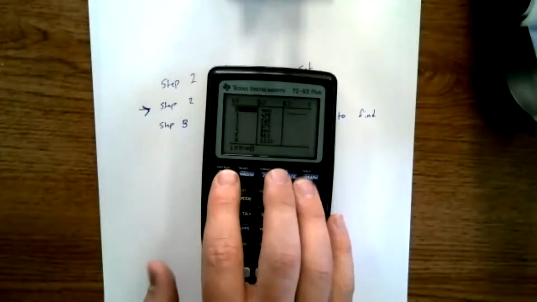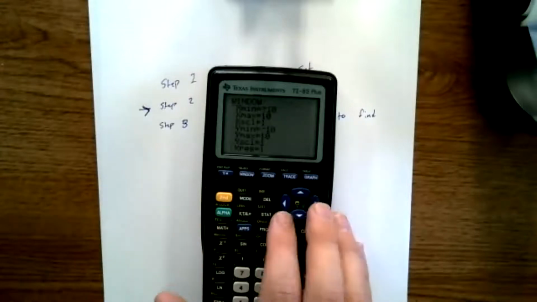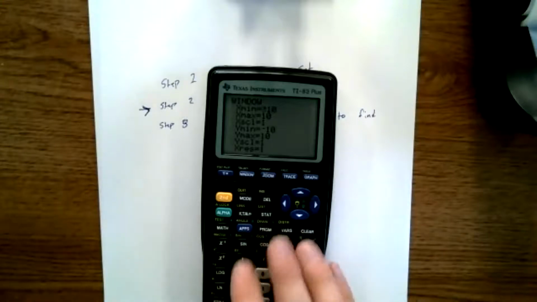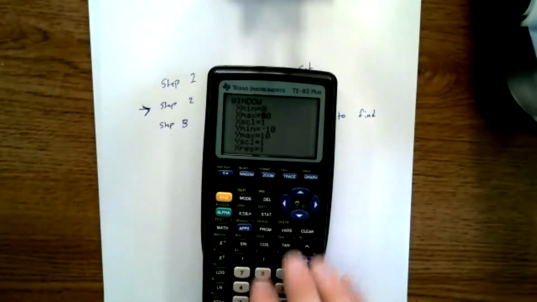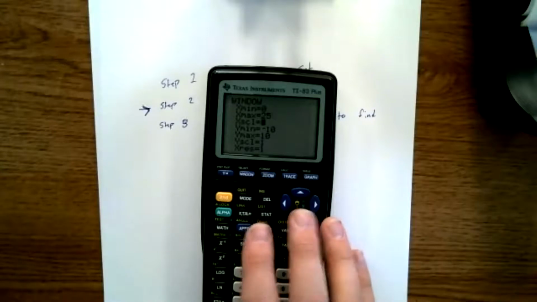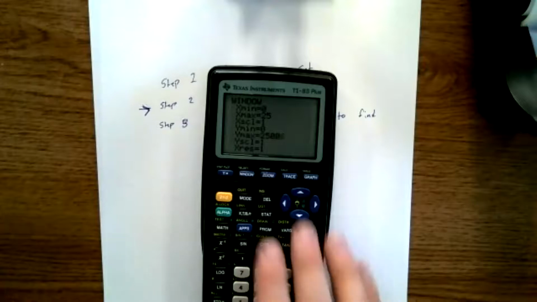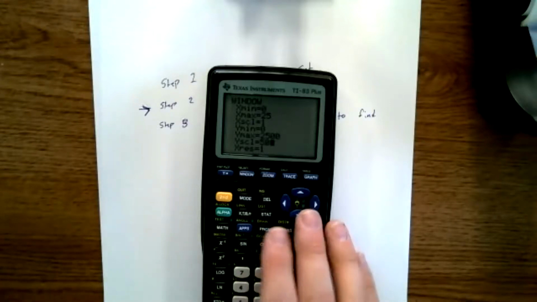So the cool thing is, I've already adjusted my window, or I thought I did. So X min is going to be 0. X max is going to be 25. Y min, I'm going to put to 0. And Y max to 2500, counting by 50s.